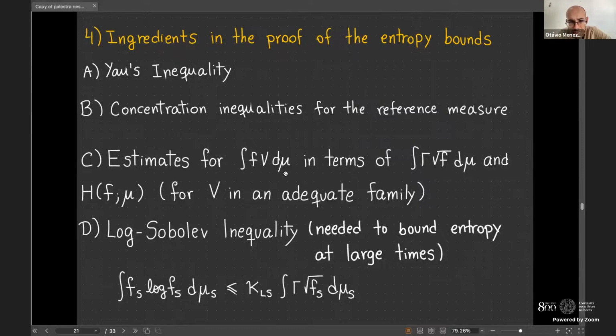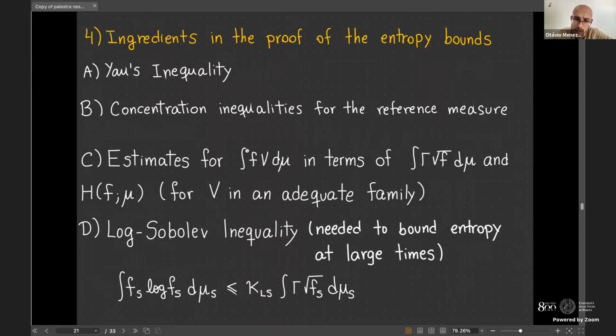And then there's a certain estimate that we have to do, which is purely analytical in a sense. You forget about the dynamics and you're just trying to estimate some integrals.